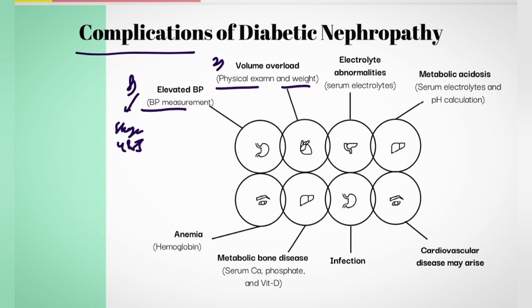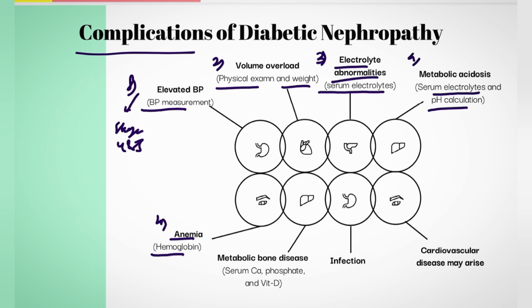There can be development of electrolyte abnormalities, which can be diagnosed by serum electrolyte levels. There can be metabolic acidosis also, which can be confirmed by measurement of electrolyte levels and calculation of the pH. A person can also develop anemia. We can diagnose this by measuring the hemoglobin level.